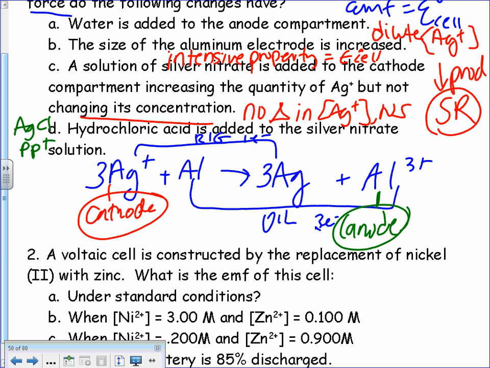So removing silver ions does what to its concentration? If we reduce silver concentration, which way does it shift? So where's the silver? So we are shifting left. So decreasing this reactant concentration shifts left.